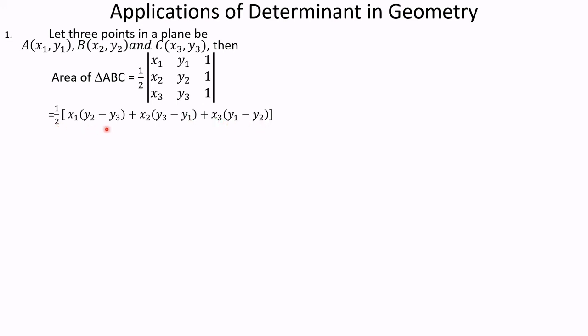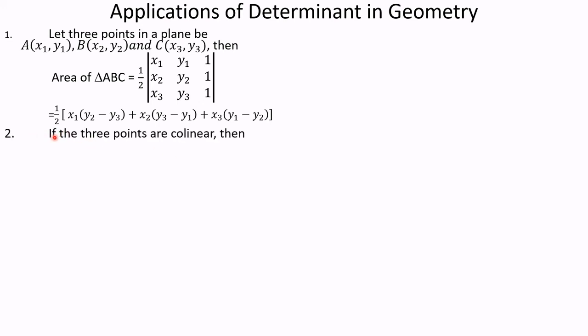This is the formula for the area of triangle ABC in terms of its coordinates x1, y1, x2, y2, x3, y3. Please remember this formula, and we will be using this determinant expression frequently for calculating the areas in subsequent numerical problems.